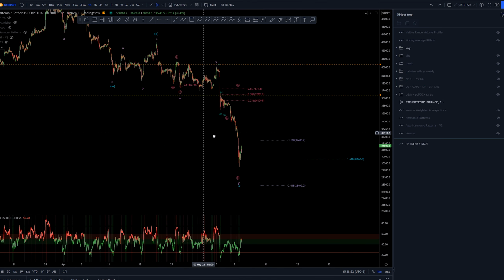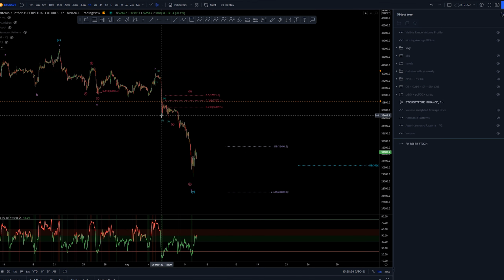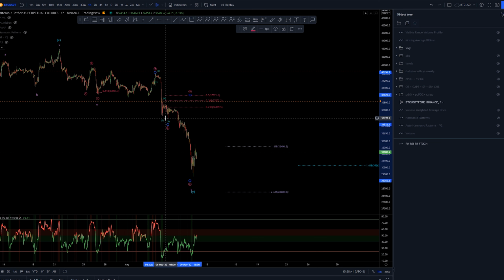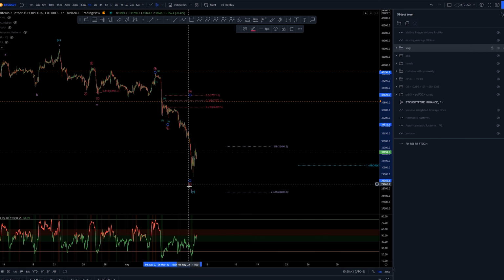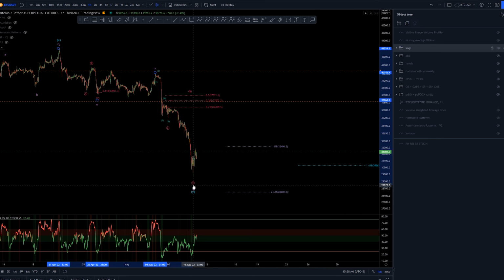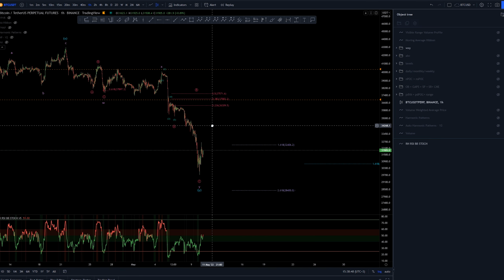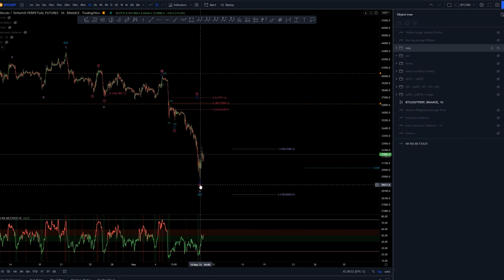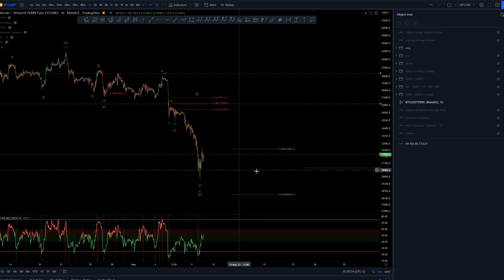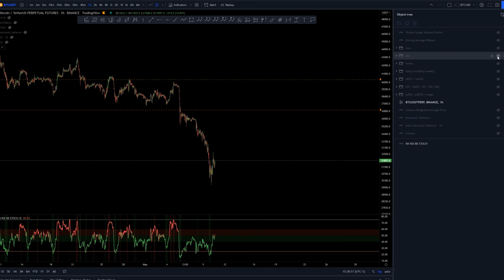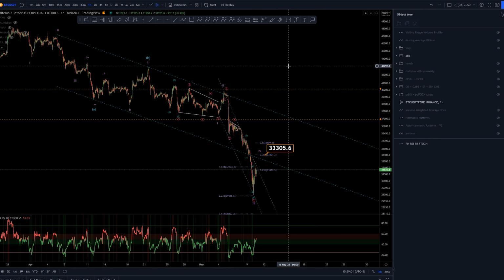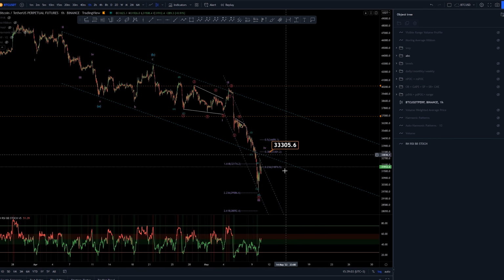Well, we do see divergence between these lows here, but as I couldn't get them really well placed for the same degree count, I'm not going to say that. We do have divergence between these lows here and these, but again they are not same degrees, so I would be looking for more towards this ABC count here to be the proper one.